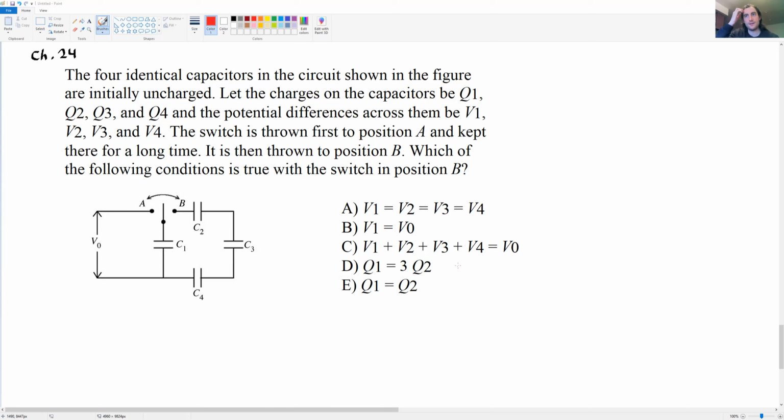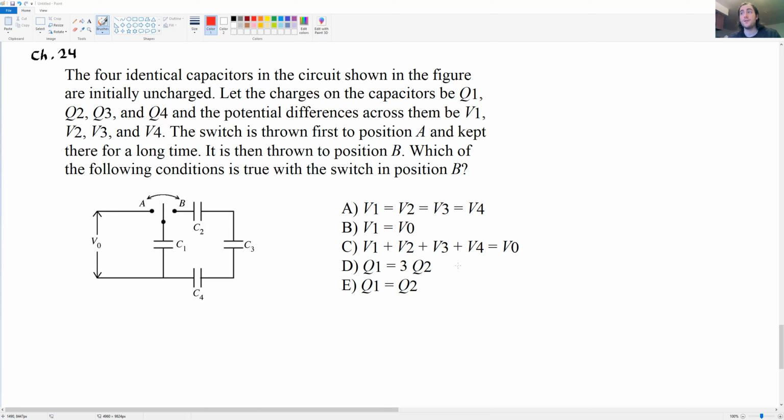So that capacitor C1 is connected to the voltage source V0. And then the switch is thrown to B. So capacitor C1 is disconnected from the voltage source V0, and then it is connected with the other capacitors, C2, C3, and C4. Okay, so our options here are, and again, the question is, which of the following conditions is true with the switch in position B?